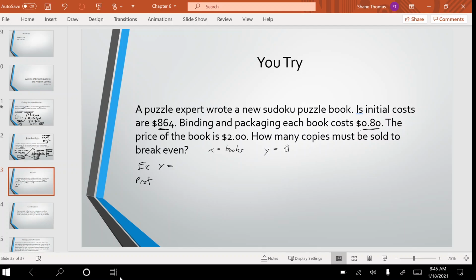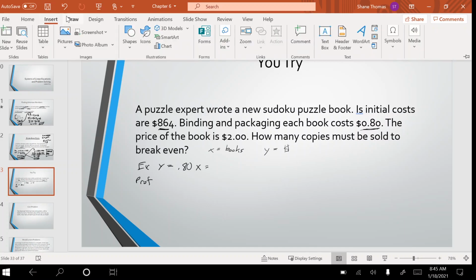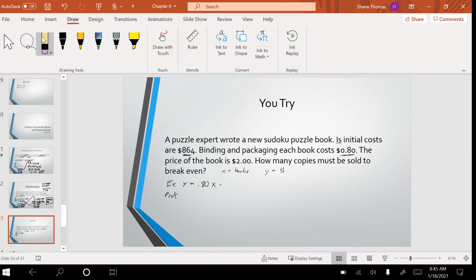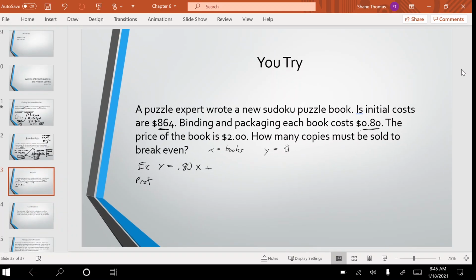So I have to pay 80 cents per book, so that's going to be 0.80x. Now, plus, what's my other expense here? Do I have an additional expense besides the 80 cents per book? I do, don't I? Oh, yeah, the 864 for the setup fee. 864. Good.